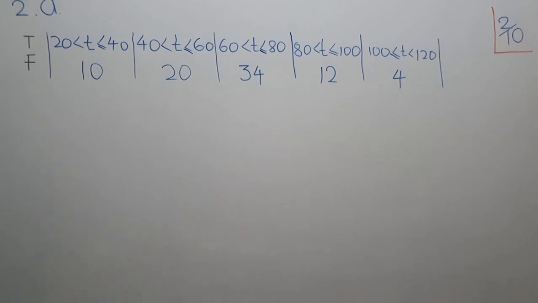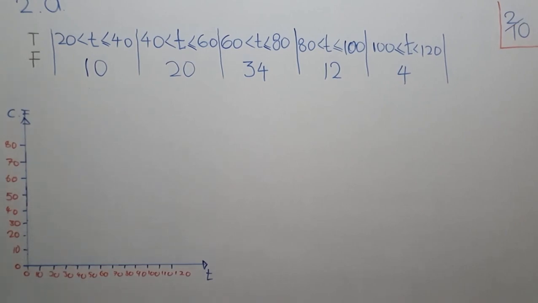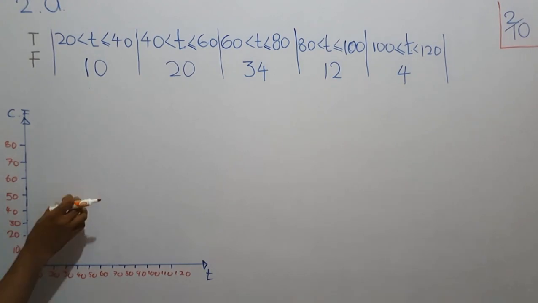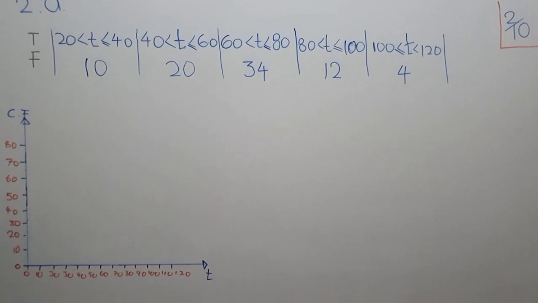So we'll draw the graph now. So we have the graph here. So now to mark the points. This is a cumulative frequency graph versus time. So what they have given us is frequency and time.